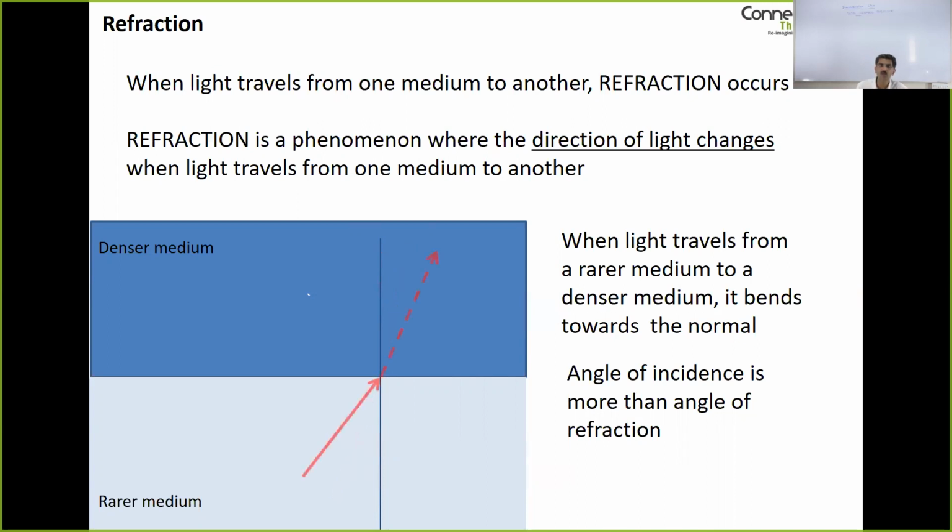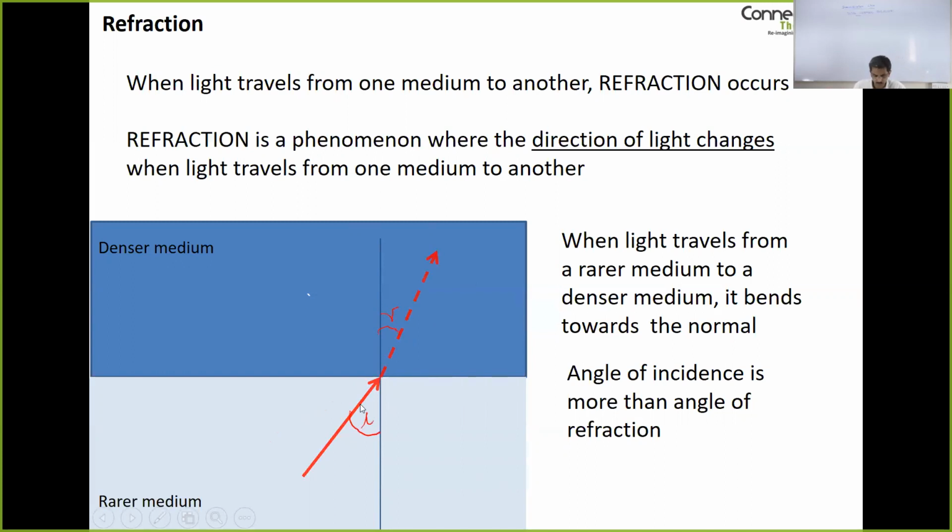As we increase the angle of incidence, in this particular example, the angle of incidence is here, and this is the angle of refraction. This is the angle of incidence.